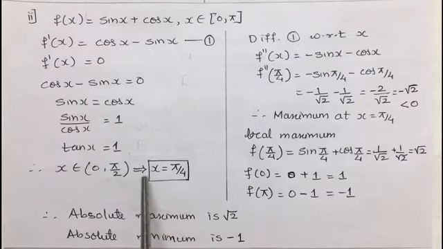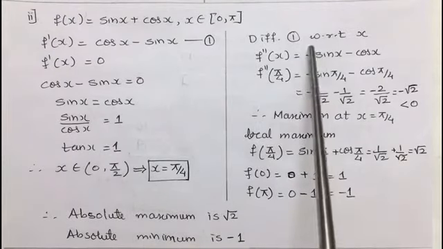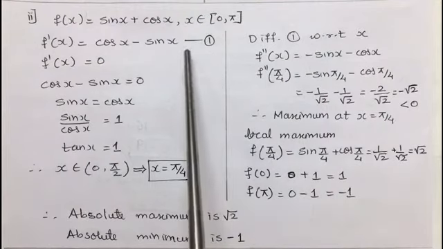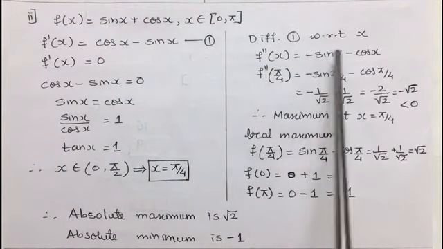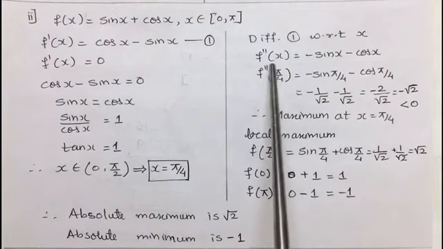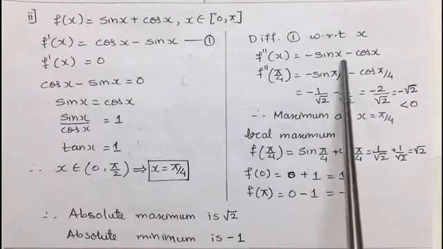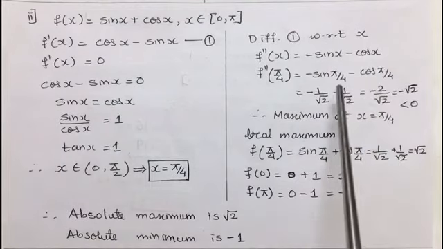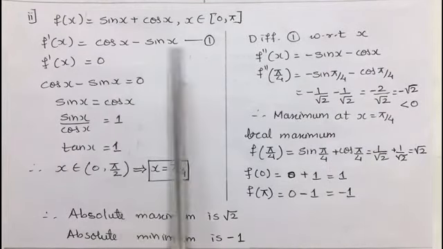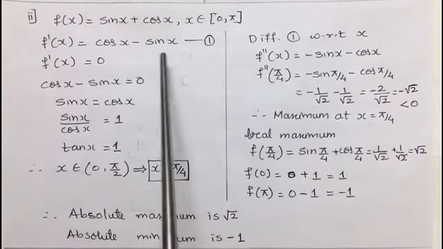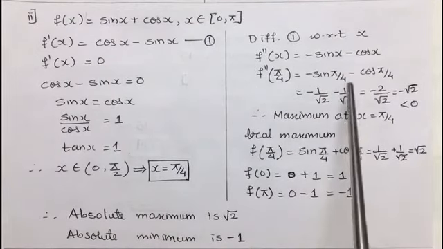Now to find out the maximum, we have to go for the second derivative. So again differentiating 1 with respect to x, we get f double dash x is equal to minus sin x minus cos x, because the derivative of cos x becomes minus sin x and the derivative of sin x is cos x.